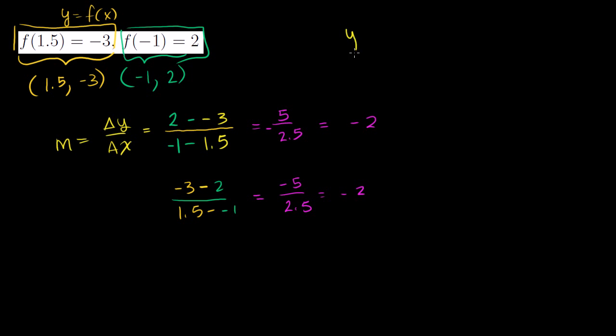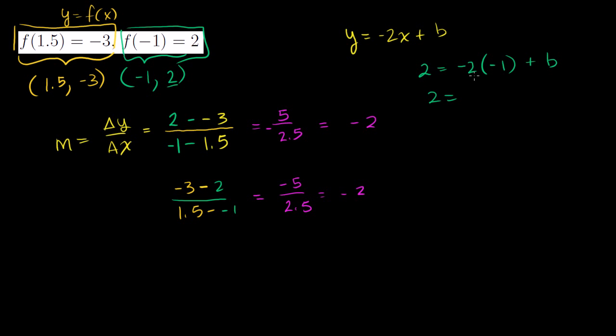Now, we know that the equation is y is equal to negative 2x plus some y-intercept. Let's use one of these coordinates. I'll use this one since it doesn't have a decimal in it. So y is equal to 2 when x is equal to negative 1. And of course, you have your plus b.